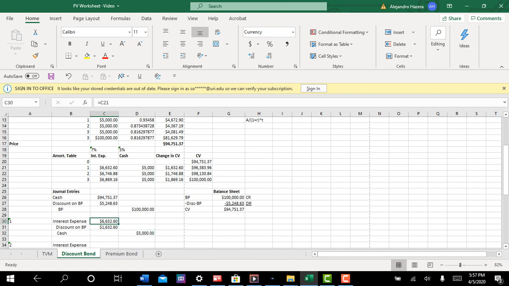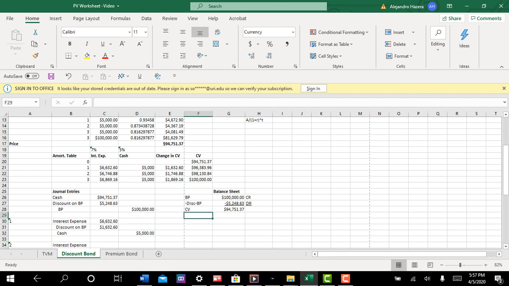This is based on 7%. Because you're a high risk, your interest expense that you're going to deduct from your net income is higher, $6,632. And in a sense, we call it amortization. The amortization, the change in the carrying value, as you're going to see in the discount, is the adjustment between the 7% interest and the 5% cash.